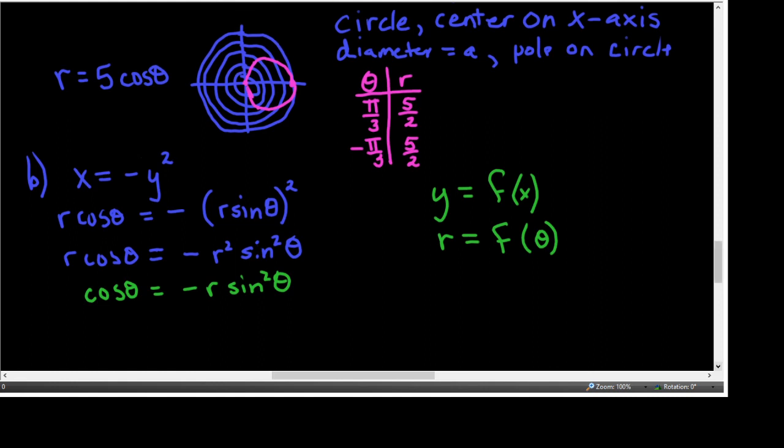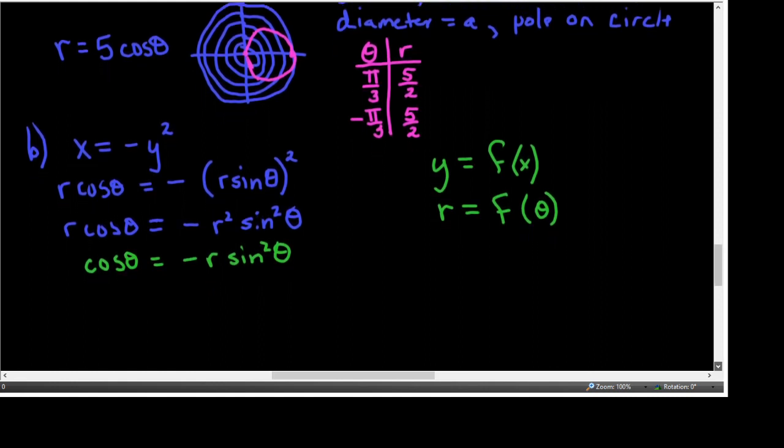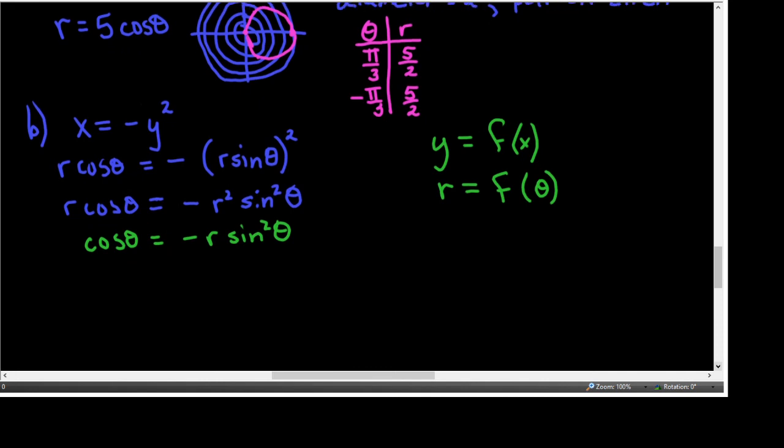Then, if we were to divide both sides by the opposite of sine squared theta, we would be solving for r. Which is kind of what I said we wanted. And then we'll simplify that. Positive divided by negative is negative.